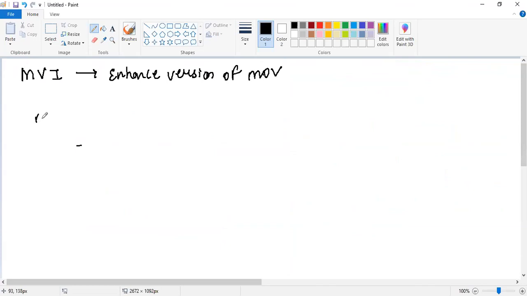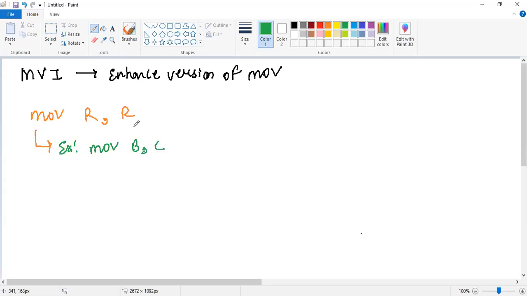See, in the case of move, for example, MOV R comma R, and the example might be MOV B comma C. B and C are your registers.